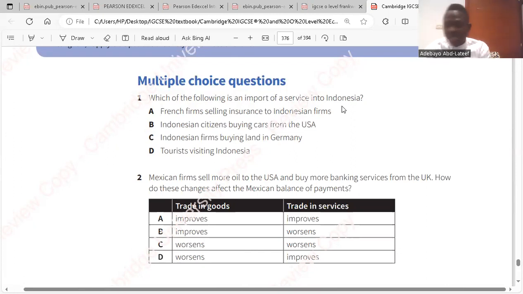Tourists visiting Indonesia. I just explained that to you. Import of service into Indonesia, right? French firms, yes. That's an export, because tourists visiting Indonesia are exports. Yeah, thank you. It's French firms. A.